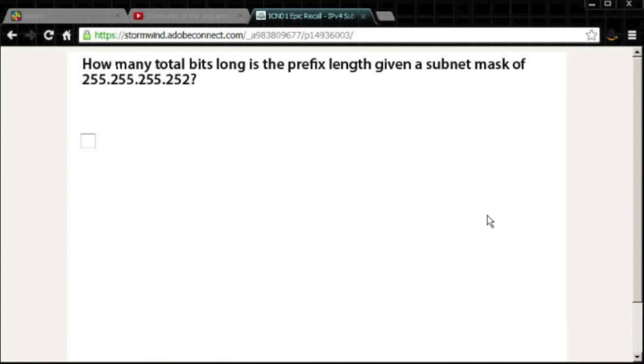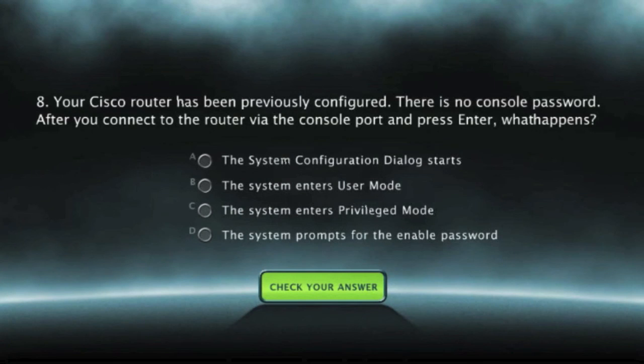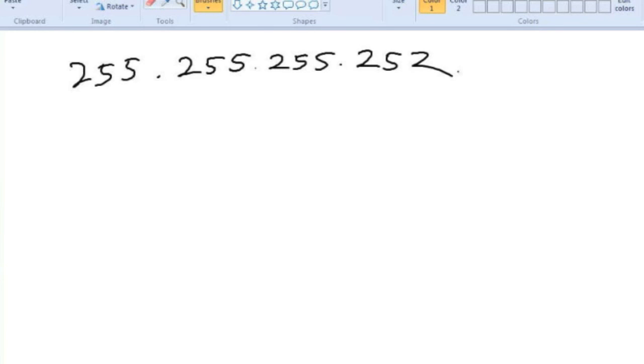How many total bits long is the prefix length given a subnet mask of 255.255.255.252?